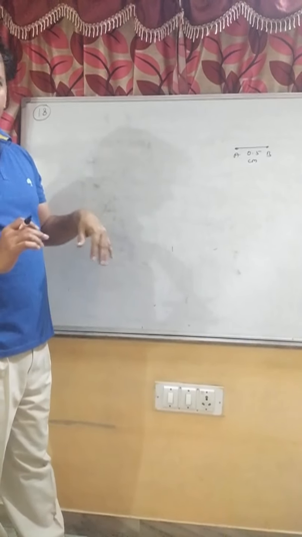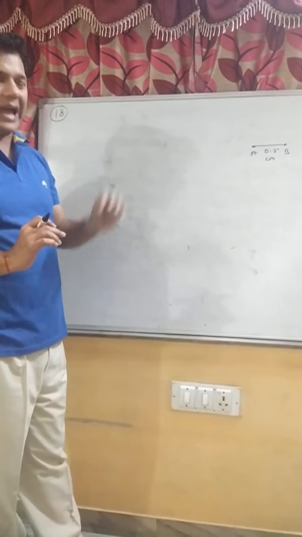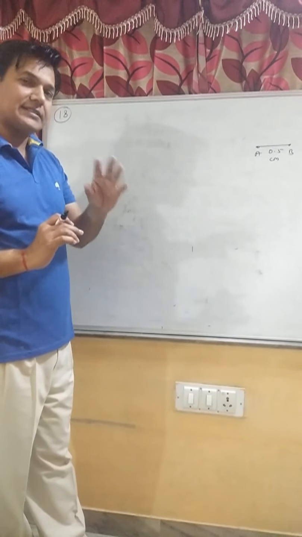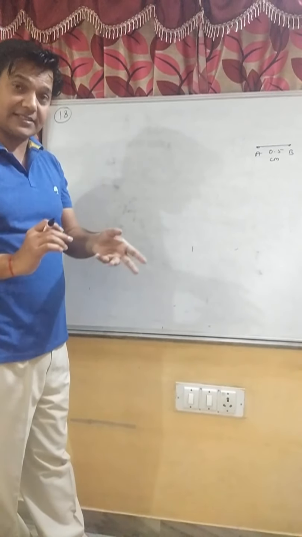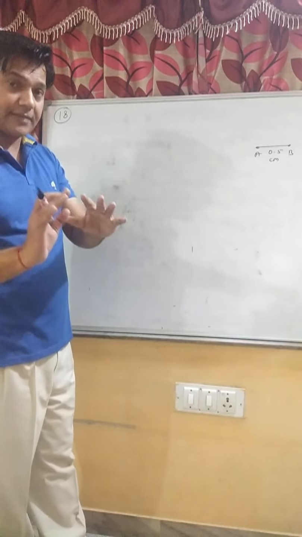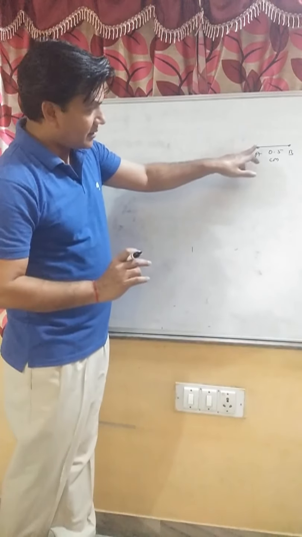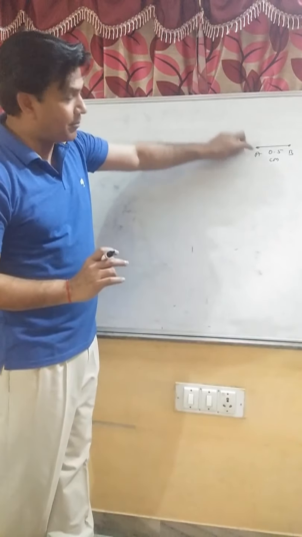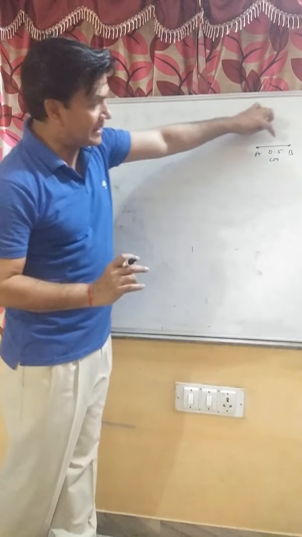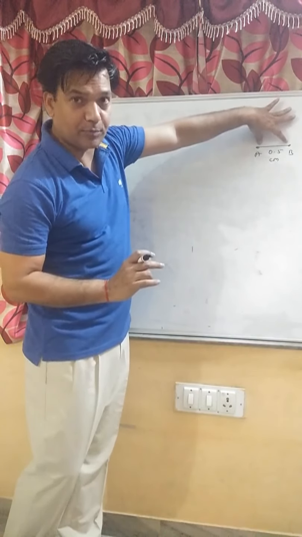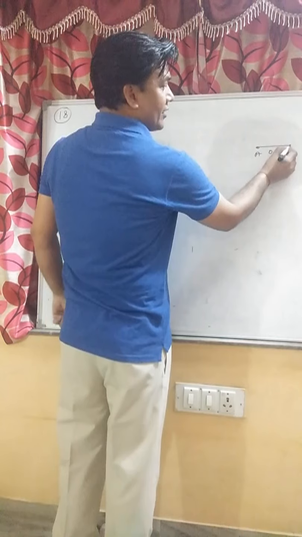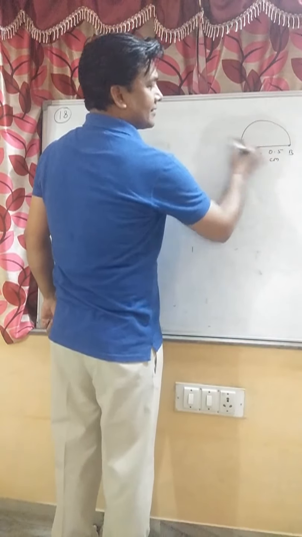In the 18th problem, a spiral is made of successive semicircles. For the first semicircle, we put the compass at A and pencil at B, taking the radius 0.5 centimeter, and draw a semicircle like this.